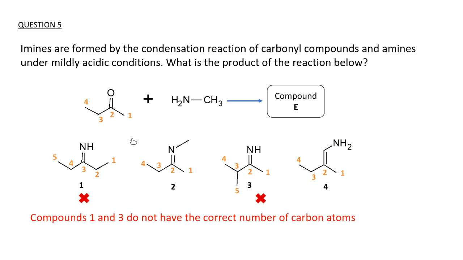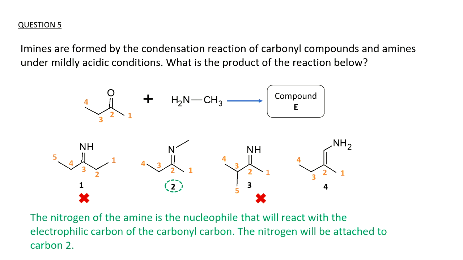The nucleophile here is the nitrogen's lone pair electrons attacking the carbon, which means that the final product should have carbon double bonded to nitrogen. So the only other option left is option 2. So that's the answer.